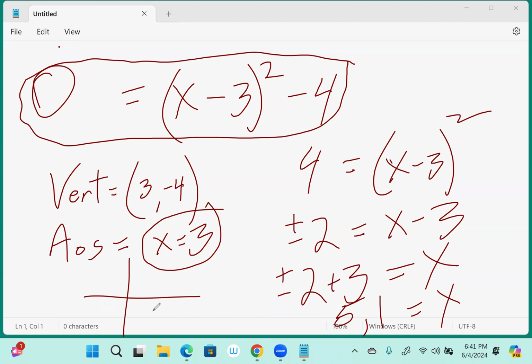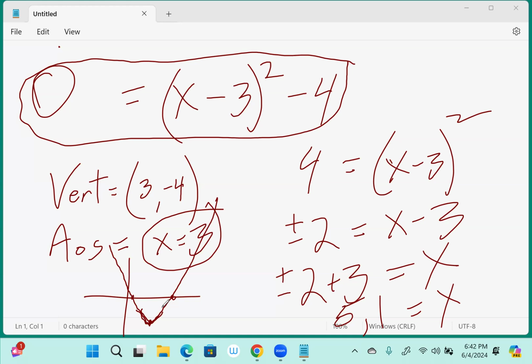I started at 3 comma minus 4, and I know it goes through 1 and it goes through 5. So I have my 3 points that define a parabola. I don't mean to make that look like a V. It is rounded there. So I'm able to do everything they ask. I know the axis of symmetry, the vertex, and I know 2 other points.